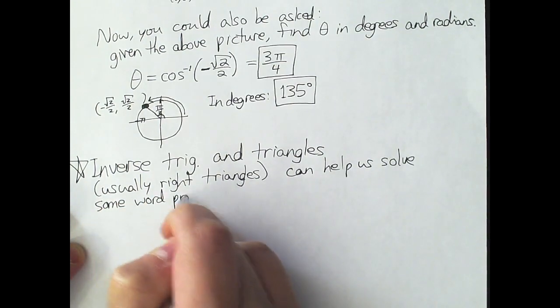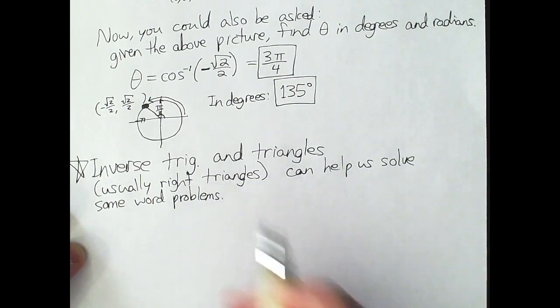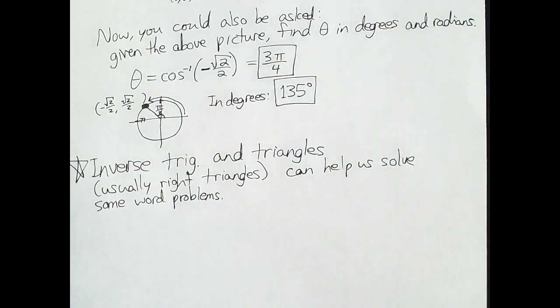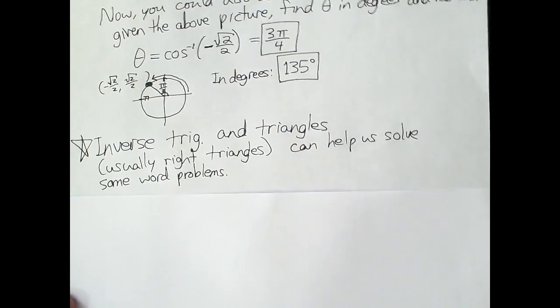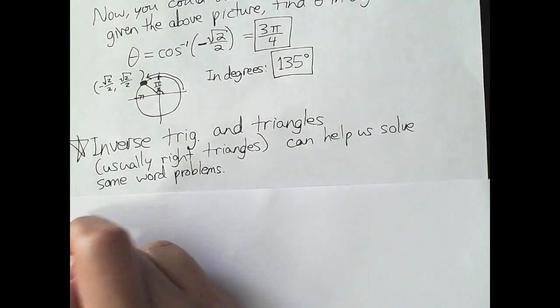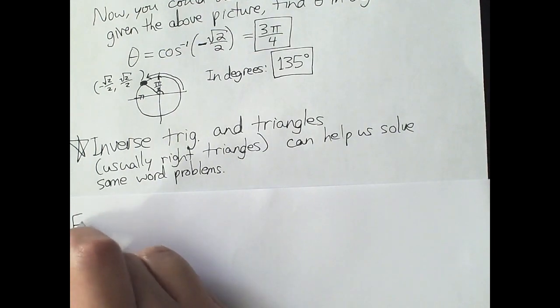So I've got a couple of these. Let's see. I'm just going to get a fresh sheet of paper for these. All right. I think I've got two, and I'll do the first one. So, example.